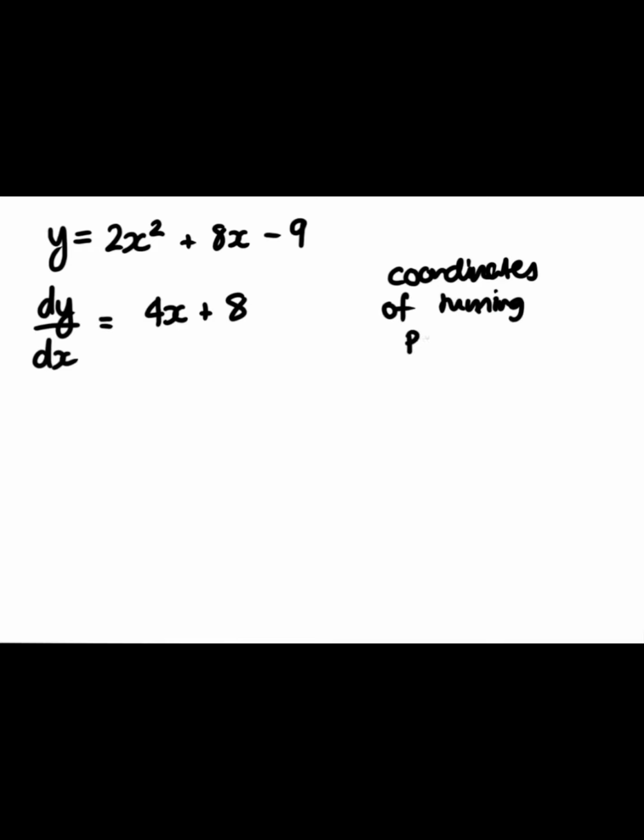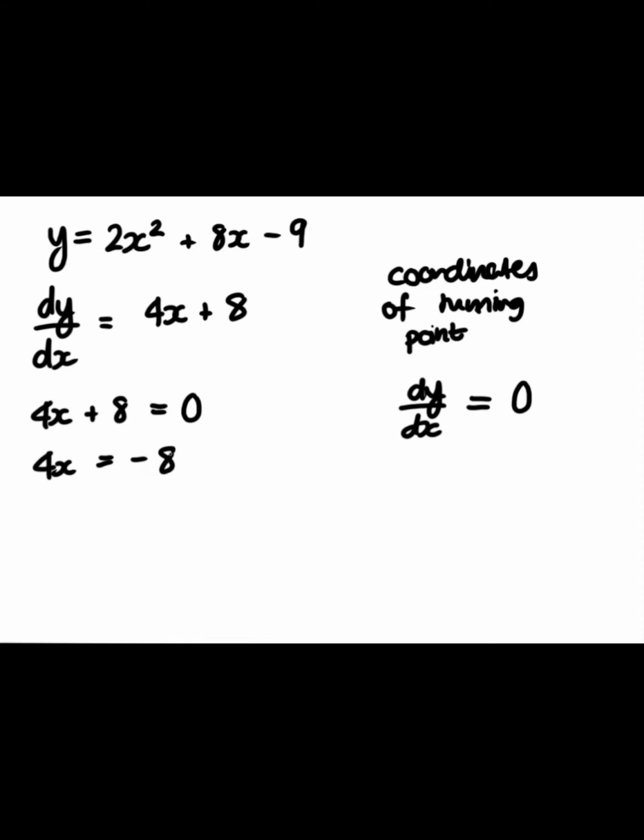And if you remember, I said that dy by dx at a turning point is always equal to 0. So you've probably guessed it, all we have to do is make this equation equal to 0, because we know that the gradient is equal to 0. And then just by simple rearranging, that gives us x equals minus 2.